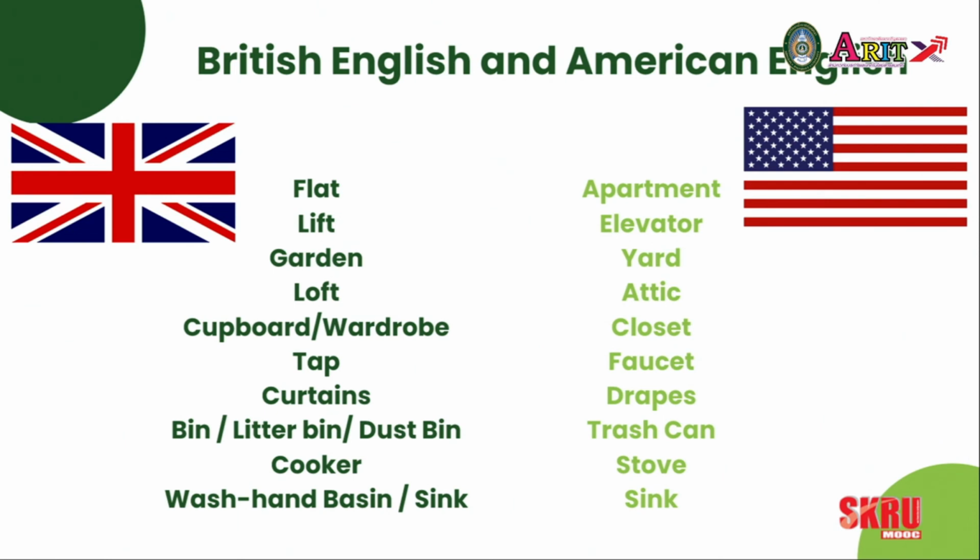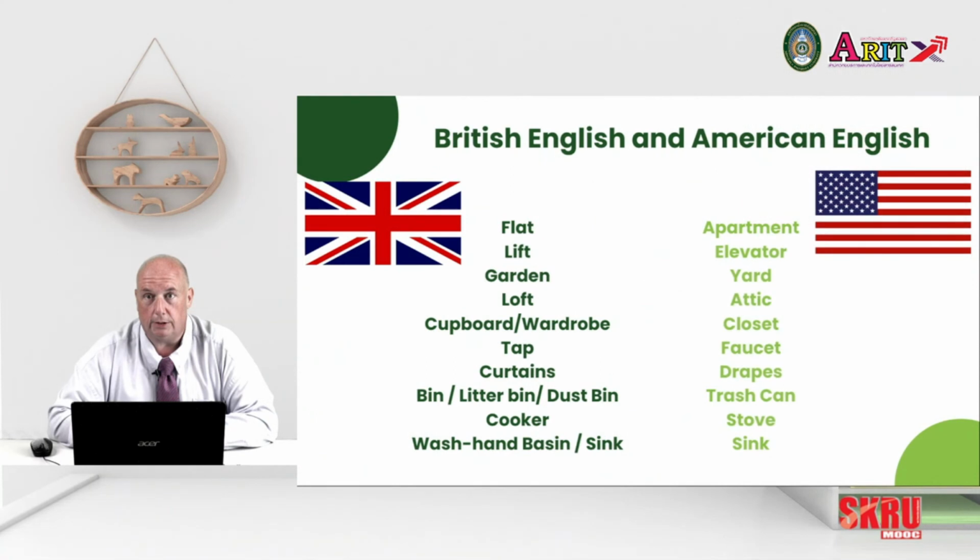And they're basically the same, but there are a few differences. Sometimes we use slightly different words, and most people will understand both perfectly well, but it's more natural to use one from where you come from. So, depending on who you've studied with, you may have come across some of these words. And there are lots more. We'll see more as we go through the videos. But I just wanted to give you an idea of some of the differences.